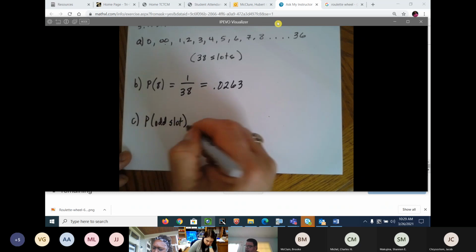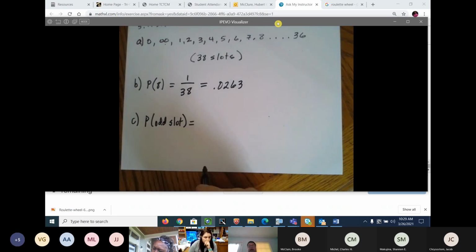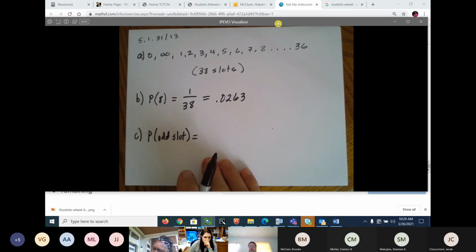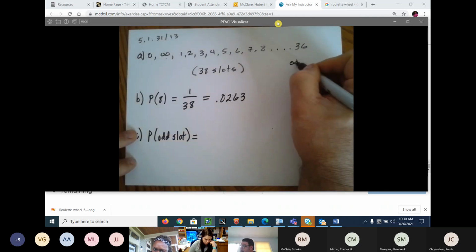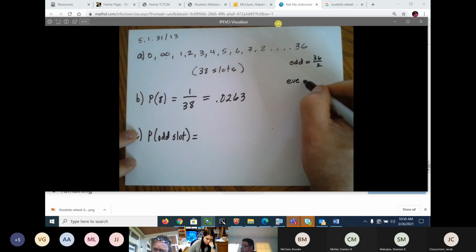Now, I'll tell you a trick I learned in the war. If you ever want to find the even and odd numbers, you take the total numbers and you divide by 2. So odd would be 36 divided by 2, and even would be 36 divided by 2.